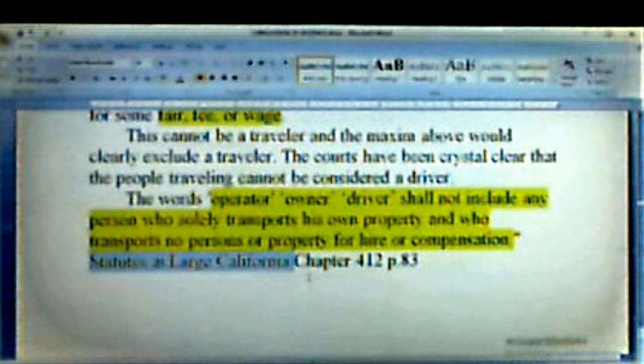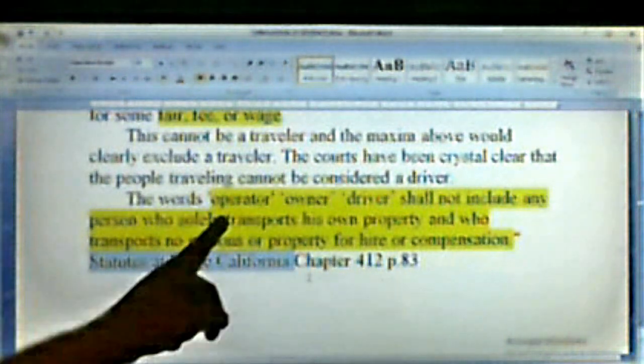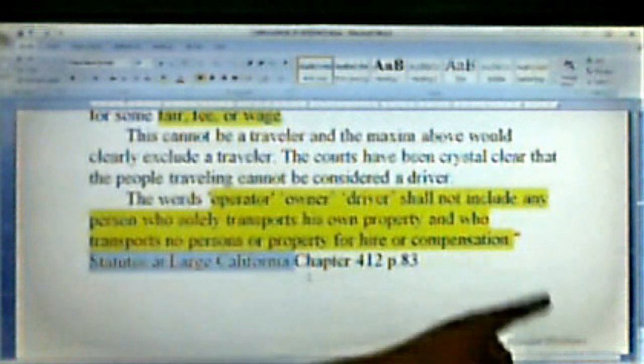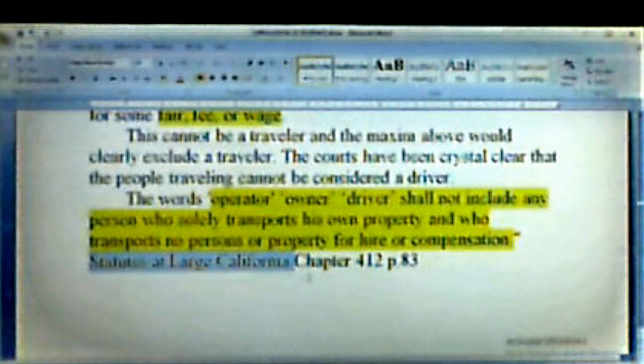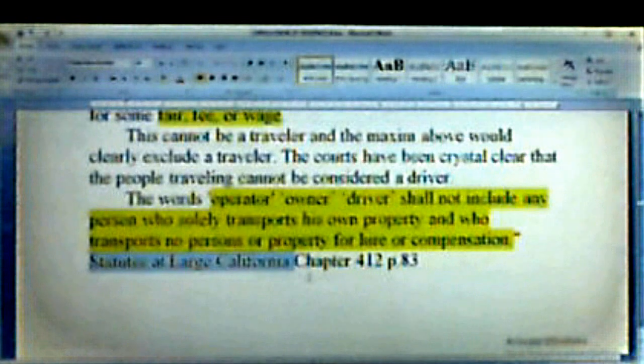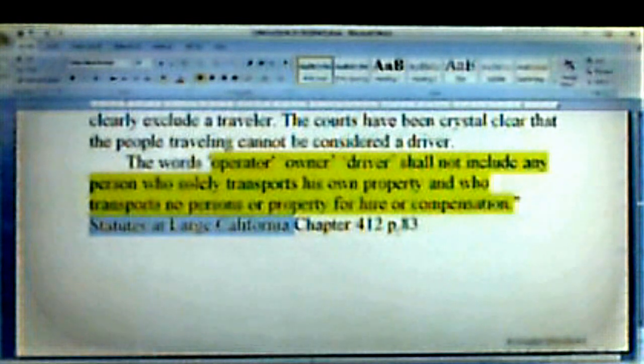Period. Right? It says the words operator, owner, driver shall not include any person who solely transports his own property and who transports no persons or property for hire or compensation. Right? And that's found in Chapter 412, page 83 of the Statutes at Large for California.